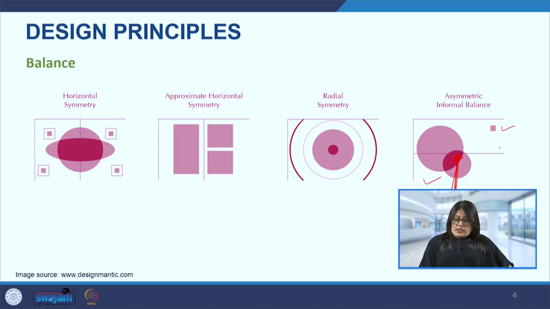So the focus of the eye is towards the lower part of this horizontal line. If we were to place something again at the bottom here, it would make the lower part very heavy, because it's already heavy because of these two big circles. So in order to balance that, this small square on the top is balancing the action happening at this area of the picture plane. So this is the asymmetrical informal balance.